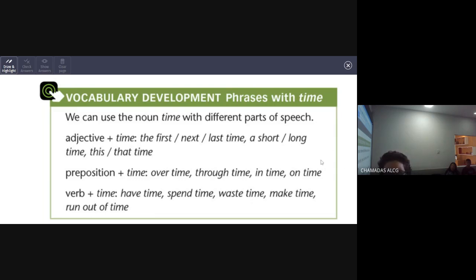In time is when you arrive with time enough to attend your class. Example, your class begins at 1:30. If you arrive at 1 o'clock, you arrive in time for class. If you arrive at 1:45, you arrive in time for class because your class is beginning.